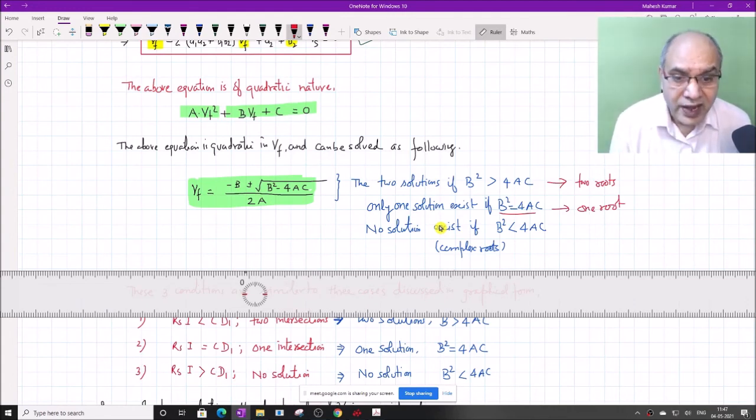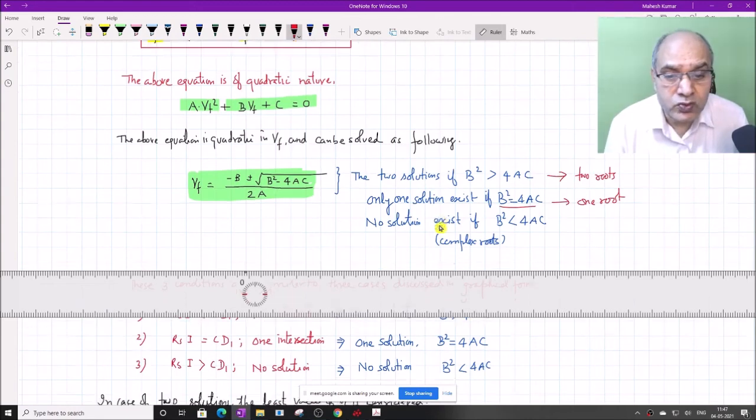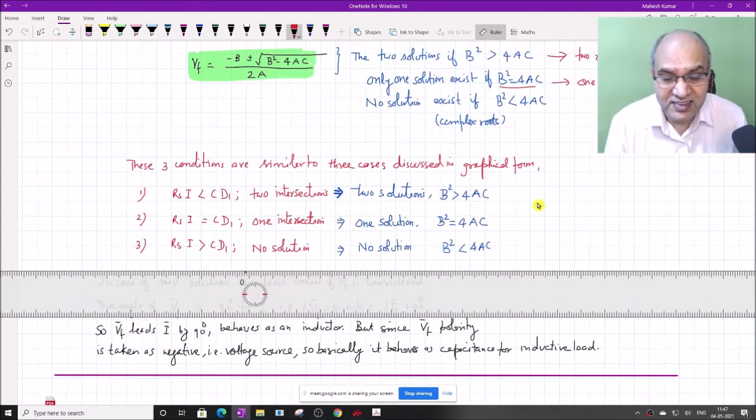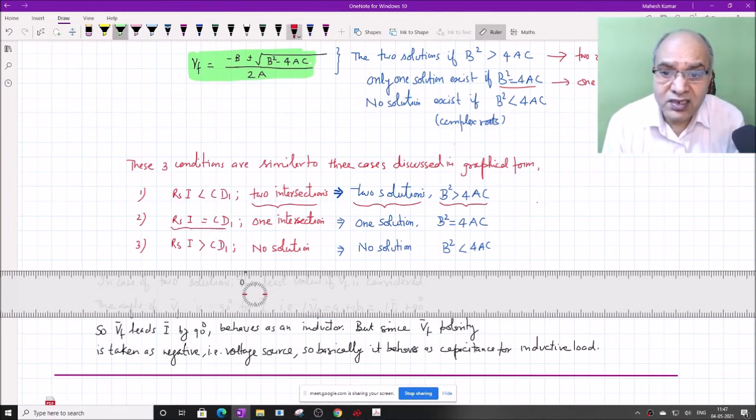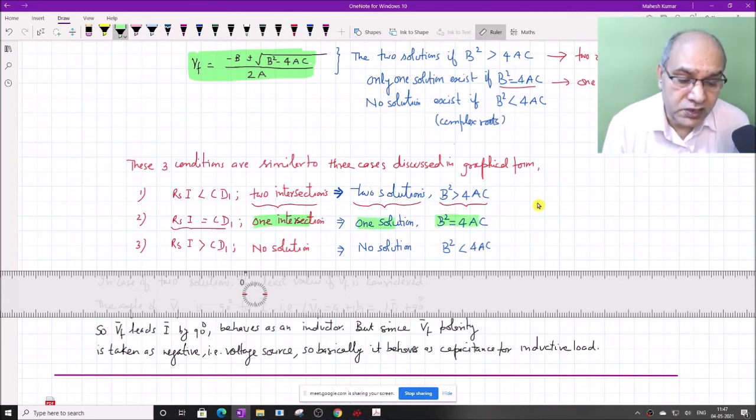And these three cases correspond to the previous graphical study, when we said RS into IS is less than CD1 implies two intersections, and these two intersections are equivalent to two solutions, which implies the condition when B square is greater than 4AC. And when RS into IS equals CD1, the second condition, then only one intersection and therefore one solution, which corresponds to the condition B square equal to 4AC.